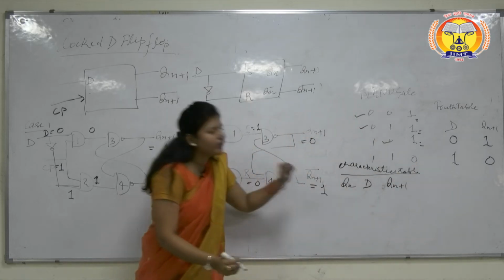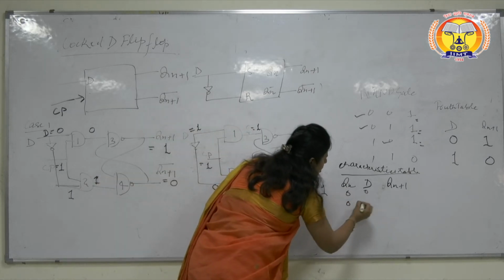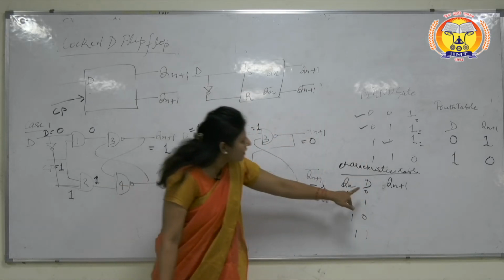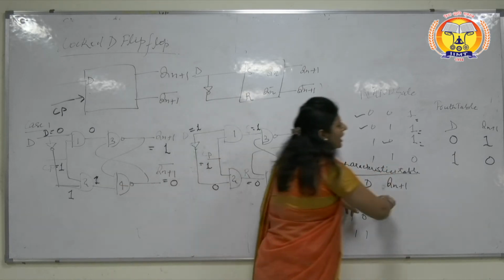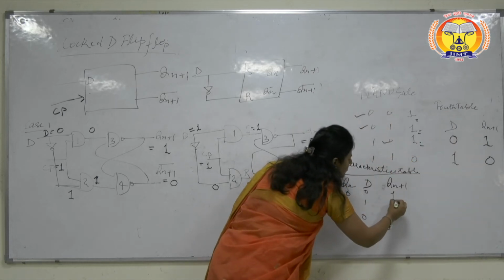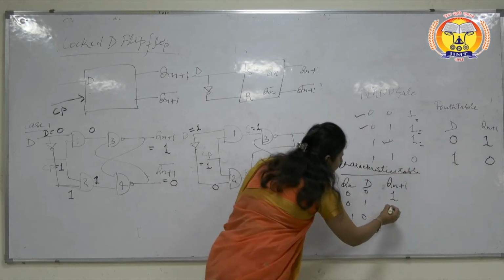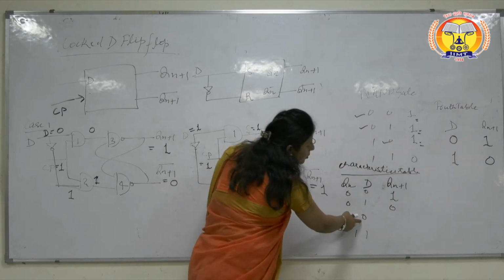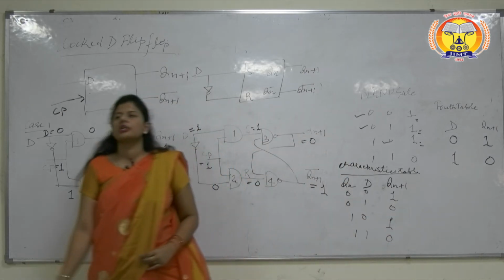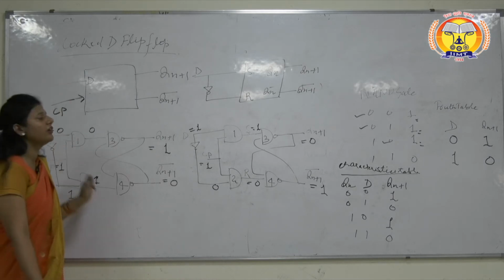Now if we have the two variables Q and D, then the combinations will be 00, 01, 10 and 11. Now if input is 0, then output Qn plus 1 is 1. So we can write it over here as 1. If input is 1, then output is 0. So we can write it here 0. Again, if input is 0, then output is 1. Last case means 0. That is the characteristics table of clock D flip-flop.